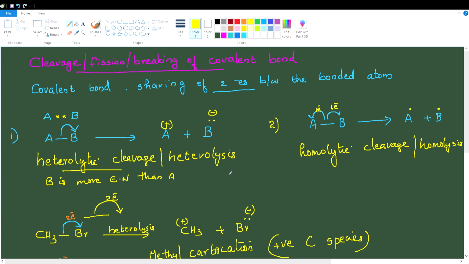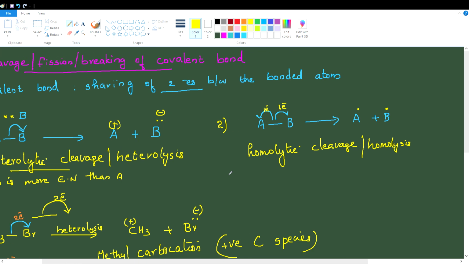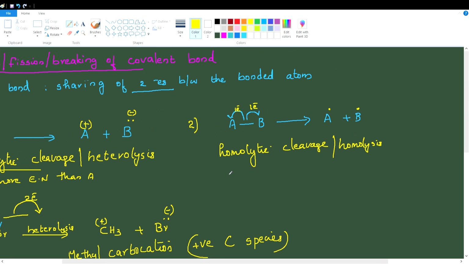Now when we come to homolytic cleavage. Homolytic cleavage results in the formation of not charged species but species which contain a single electron. This single electron, or odd electron, which is present in an atom, is not shared or paired with any other electron, hence it is also called an unpaired electron, or odd electron.